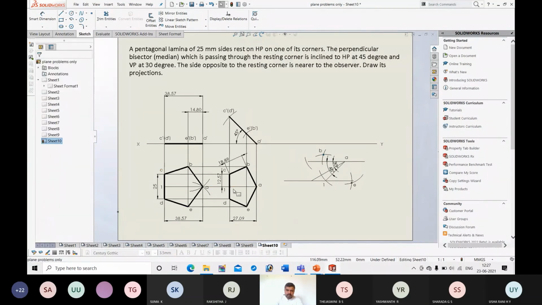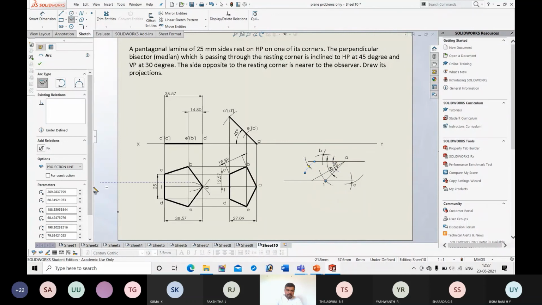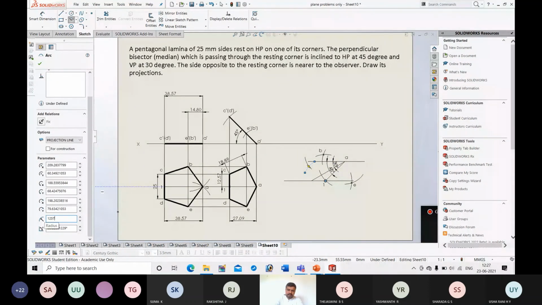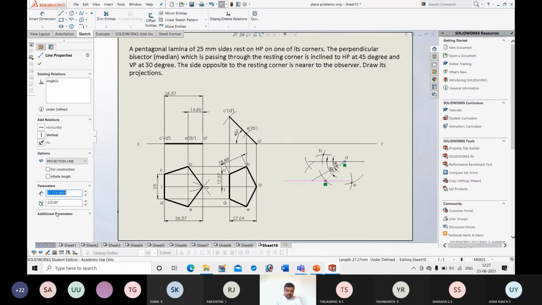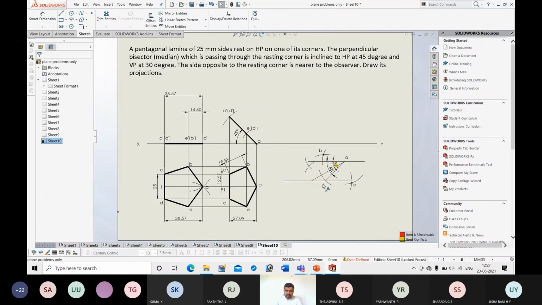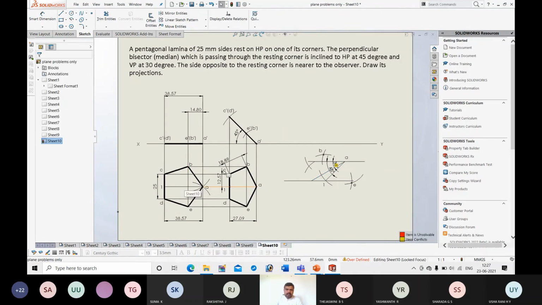Okay, next, so 1 to C, which is 12.57. Okay, next, so I will draw an arc.